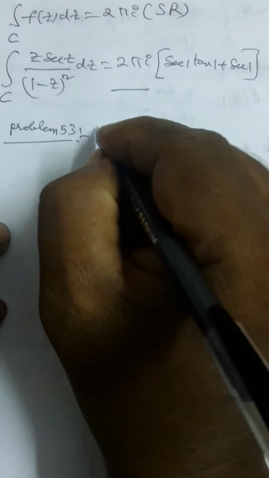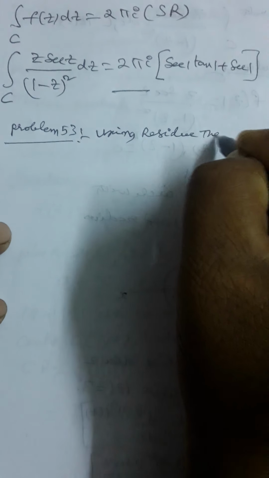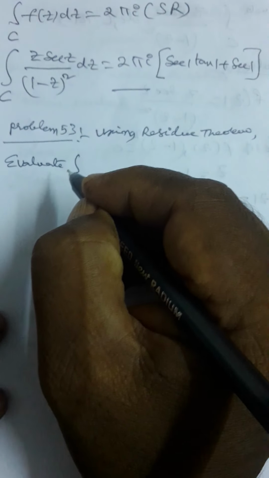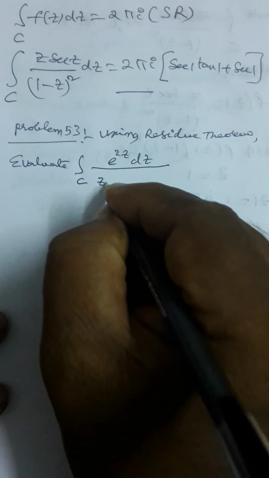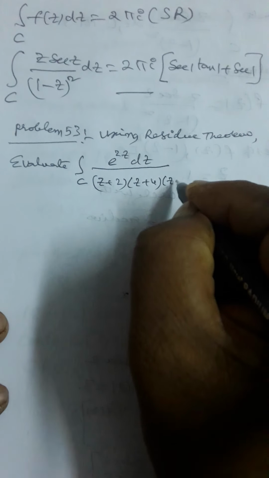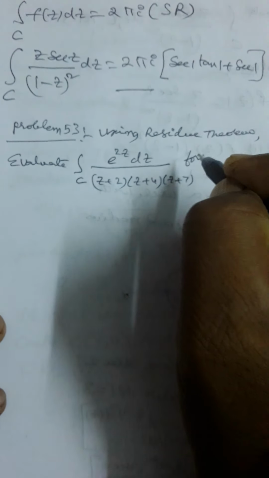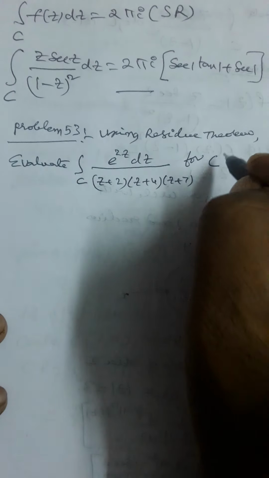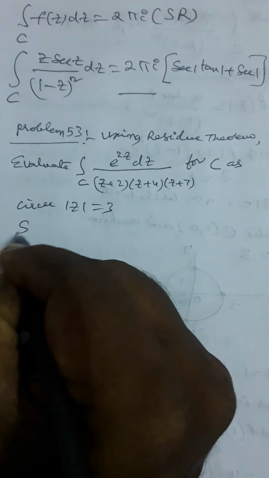Problem 53. Using residue theorem, evaluate integral over C e power 2z dz by (z plus 2) into (z plus 4) into (z plus 7), for C as circle mod z is equal to 3.